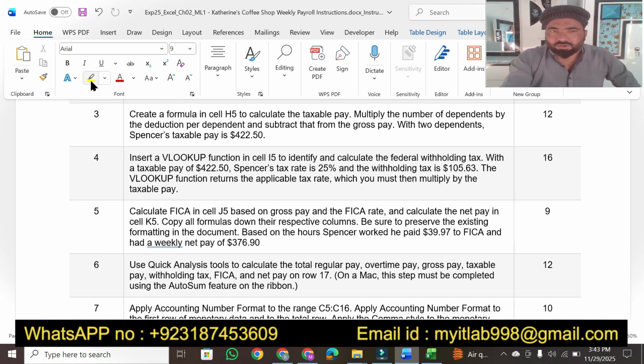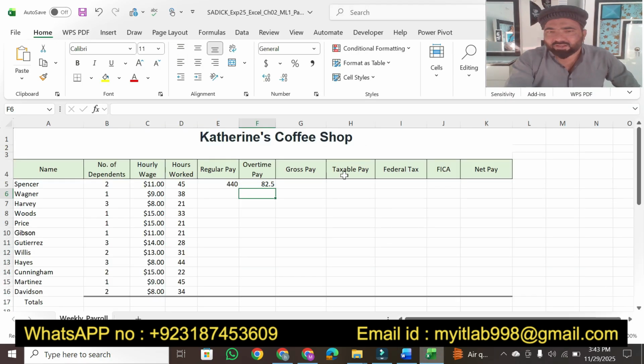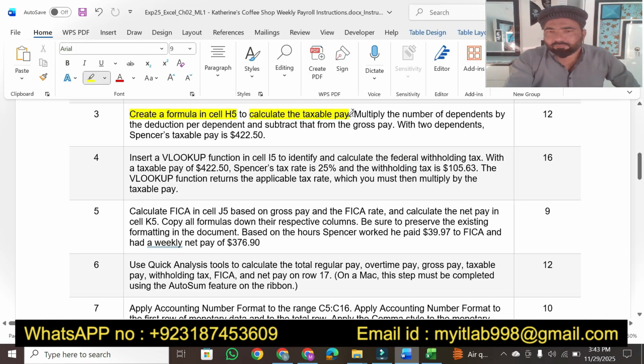So in question number 3, we have to read the instruction carefully, then we will solve. Create a formula in cell H5 to calculate taxable pay. So first we have to move toward H5 here. Then we have to find that taxable pay. How can we find it? We have to multiply the number of dependents by deduction per dependent.